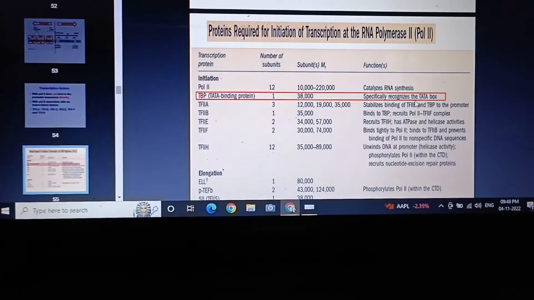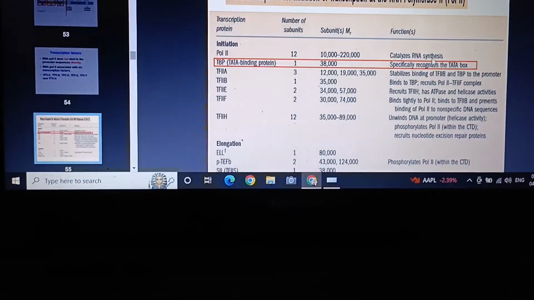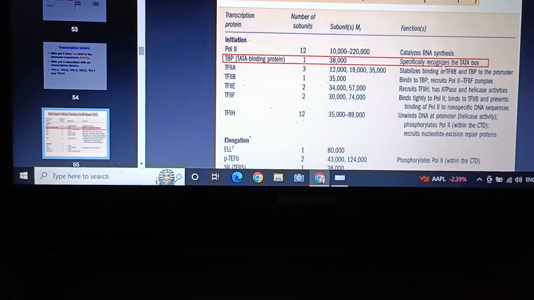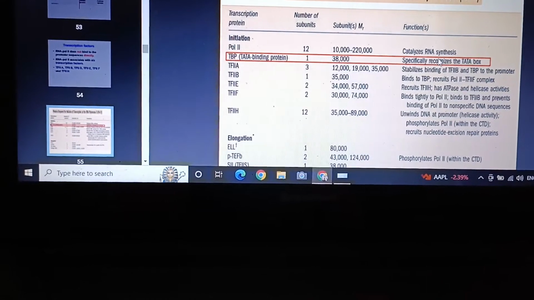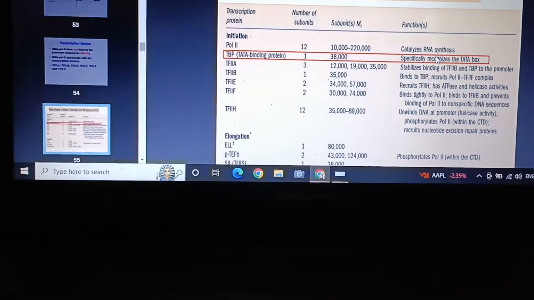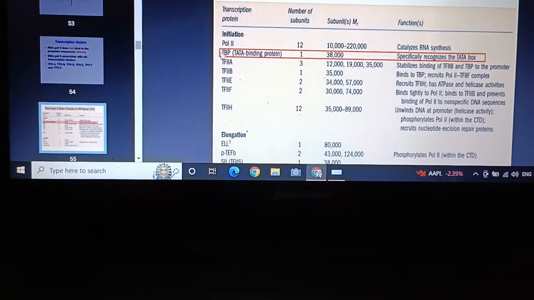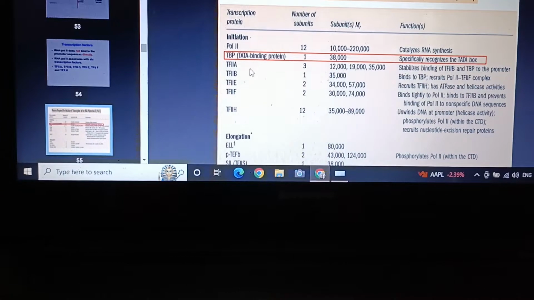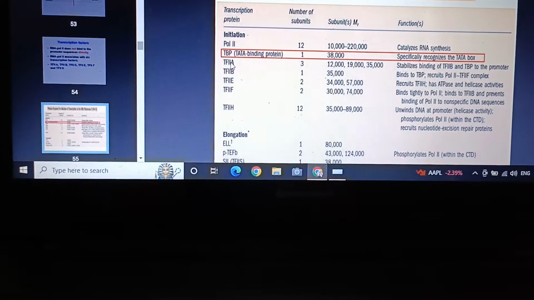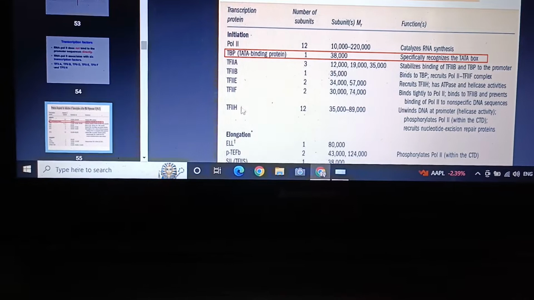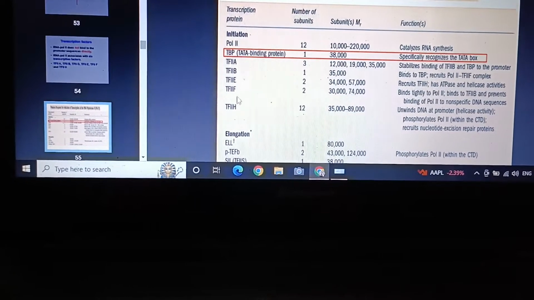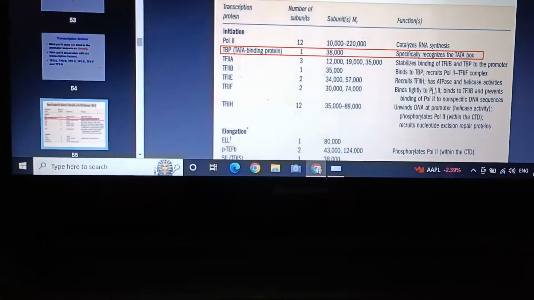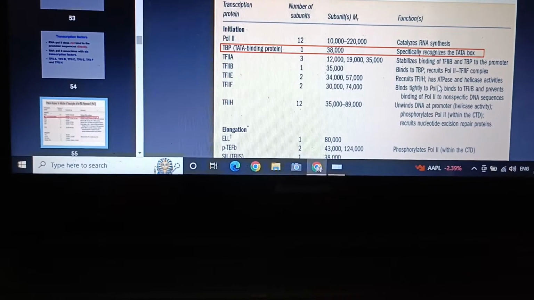In the case of prokaryotes, which subunit recognizes your promoter region? That is the alpha subunit present in your RNA polymerase. But here the TATA box binding protein specifically recognizes the TATA box. Then TF2A, B, E, F, H. These are your 6 transcription factors, and each has a specific role.